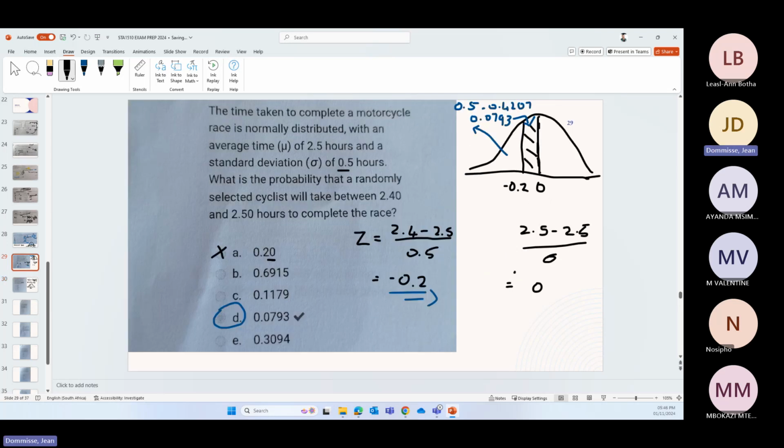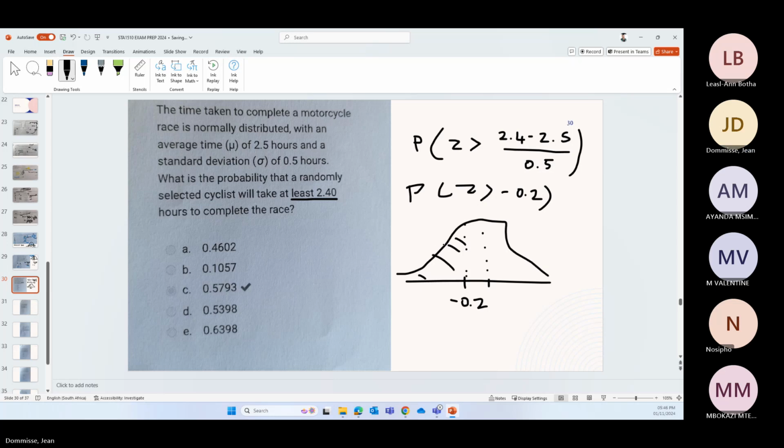Okay, 0.4207. So this area was 0.4207. So now what we will need to do is to say, for this area that's left, that's what we want to work out. So 1 minus 0.4207.